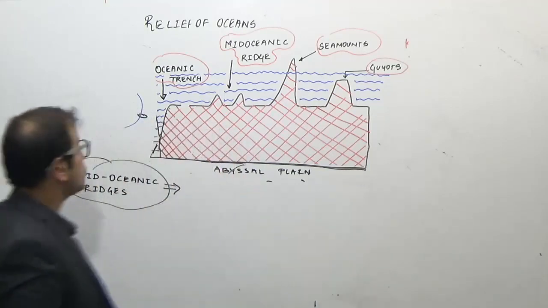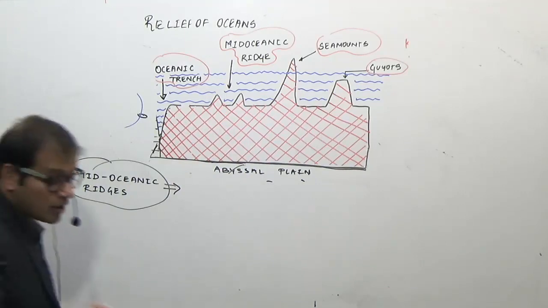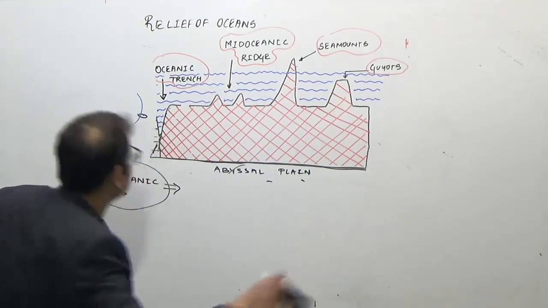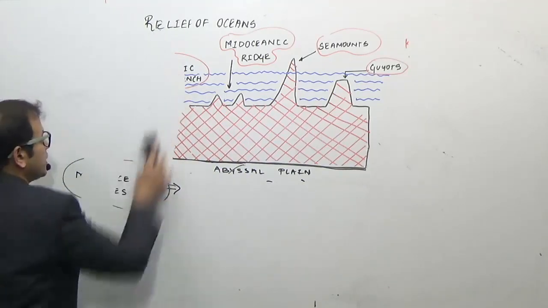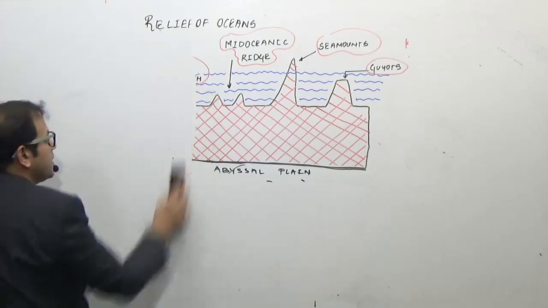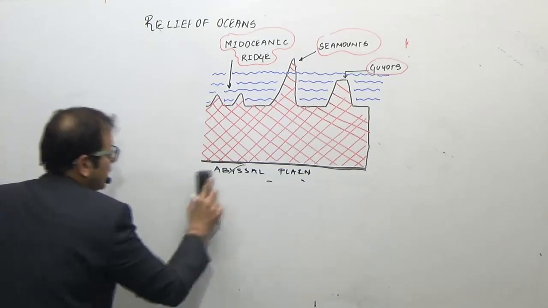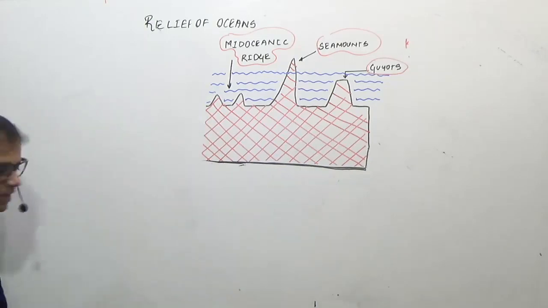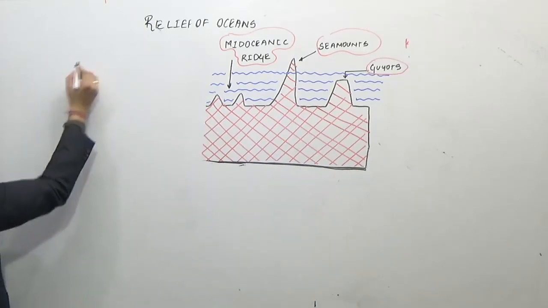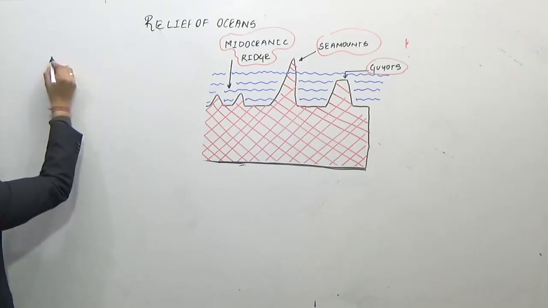If I try to show you on the world map the location of a mid-oceanic ridge, I will draw a world map here. Because we have done the trenches, I will take the liberty of rubbing this part.